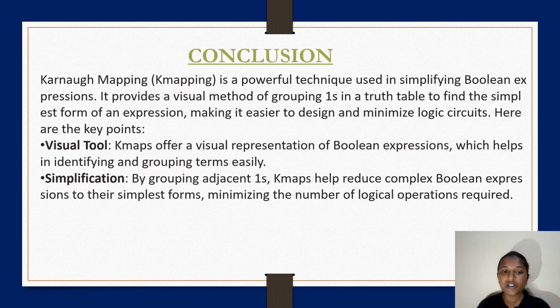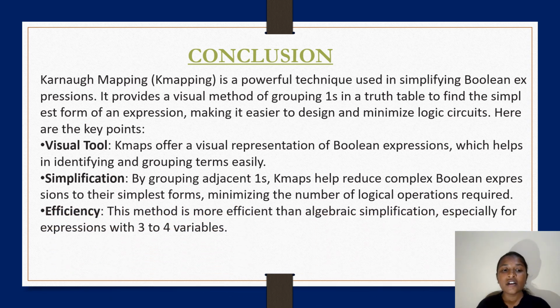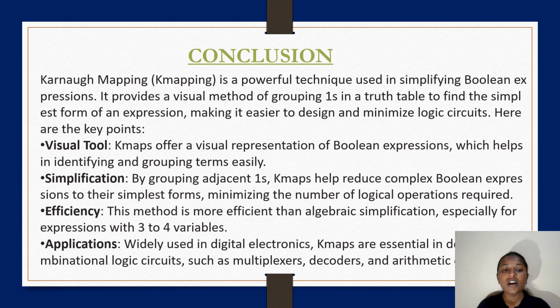Second is simplification: by grouping adjacent ones, K-maps help reduce complex Boolean expressions to their simplest form, minimizing the number of logic gates required. And third is efficiency: this method is more efficient than algebraic simplification, especially for expressions with 3 to 4 variables.